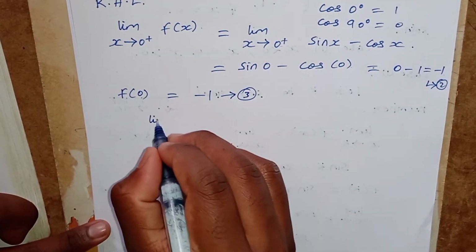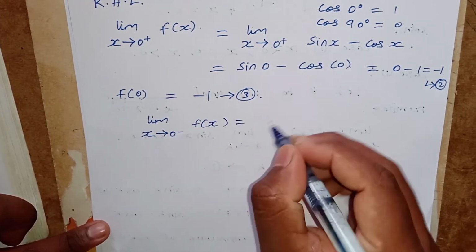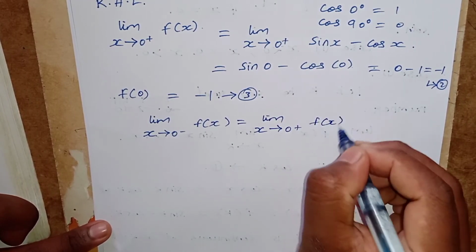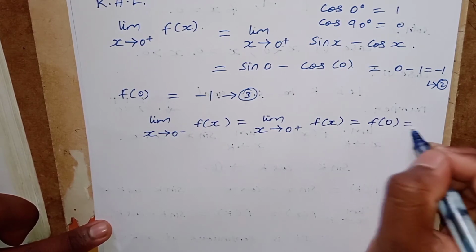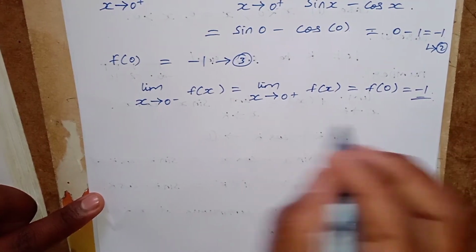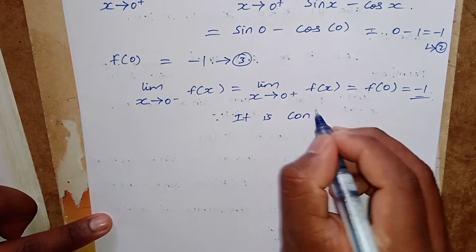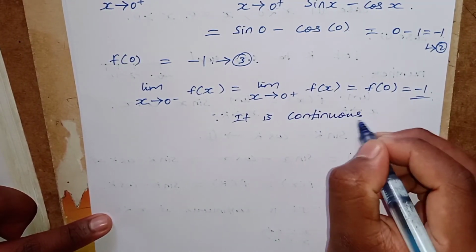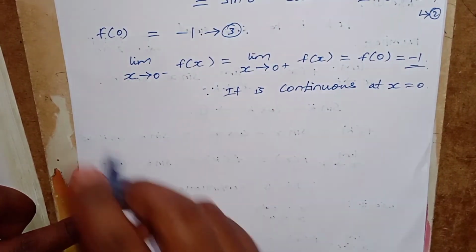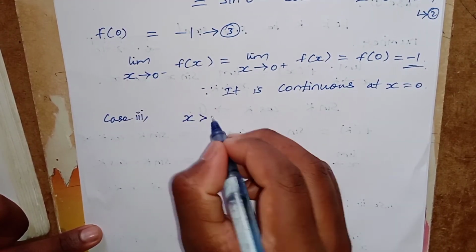Therefore finally you write: limit x tends to 0 minus of f of x is equal to limit x tends to 0 plus of f of x is equal to f of 0, which equals minus 1. Therefore it is continuous at x equal to 0. At this point also it is continuous. Next, case 3, here you take x greater than 0.